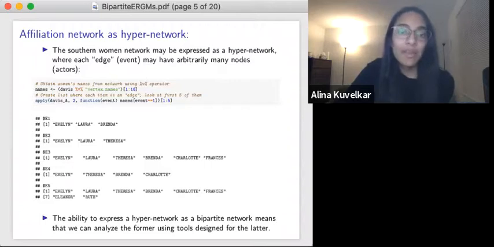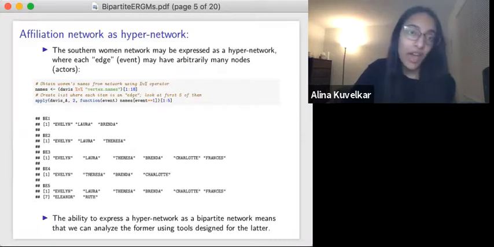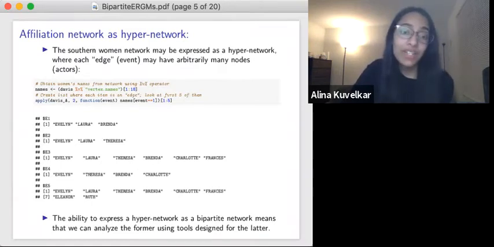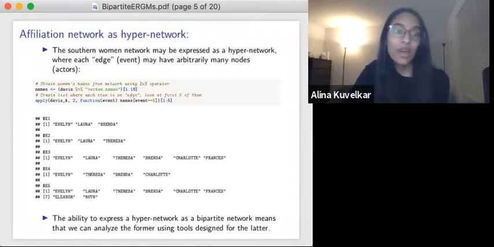It's essentially the same as saying that we link each woman with an event that she attended. So now the edges get paired up with events in the bipartite setting. Knowing that we can express hypernetworks as bipartite networks then allows us to analyze hypernetworks using tools that we would use for bipartite networks.